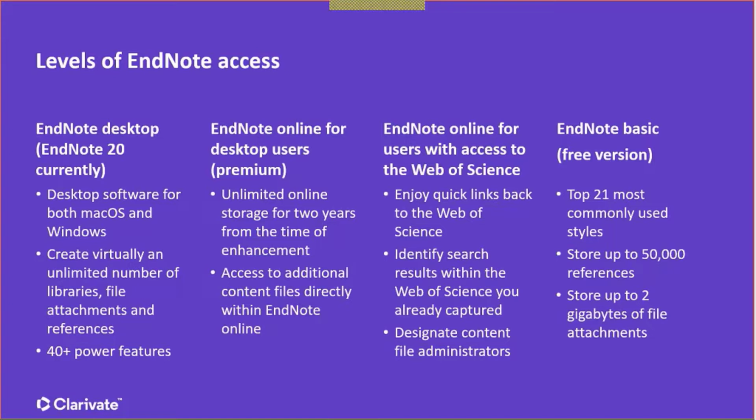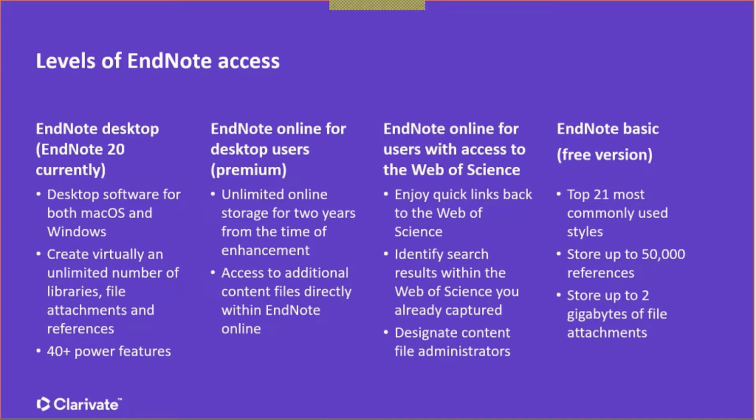Now, let's say perhaps you aren't an EndNote Desktop user, but you've created an EndNote Online account and you're at an institution with access to the Web of Science. You'll have some additional functionality that even EndNote 20 users won't have in their EndNote Online account.